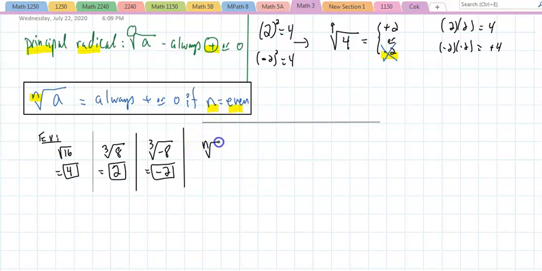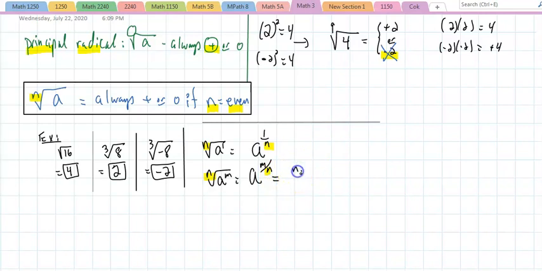The nth root of a can be written as a to the 1 over n. Again, this is just a refresher. And similarly, the nth root of a to the m, I can write as a raised to the m over n. So the index of the radical is always in the denominator. But here, I have another way of writing this.